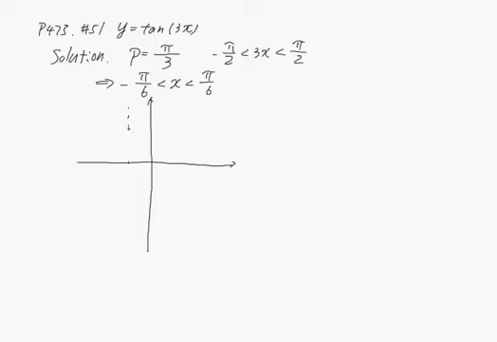Here I have negative pi over 6, and here we have pi over 6, and we know the shape of the graph of the tangent function, so it's like this. And in this way we get the graph of y equals tangent of 3x for one cycle.